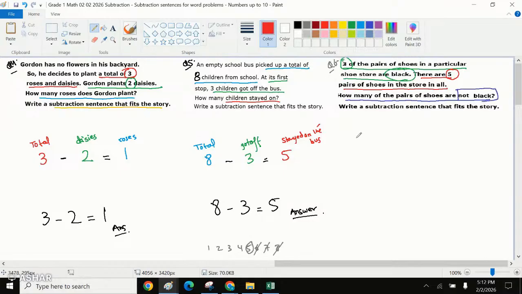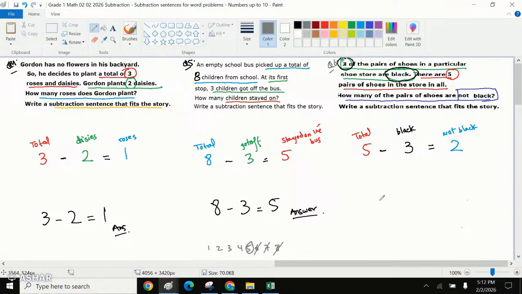We know that total were 5, minus those which were black. So how many were black? 3 were black. So how many would be not black? 5 minus 3 would mean there are 2 pairs of shoes which are not black.